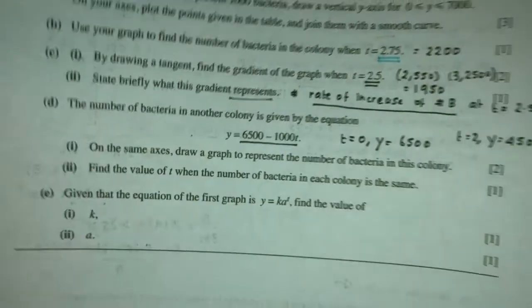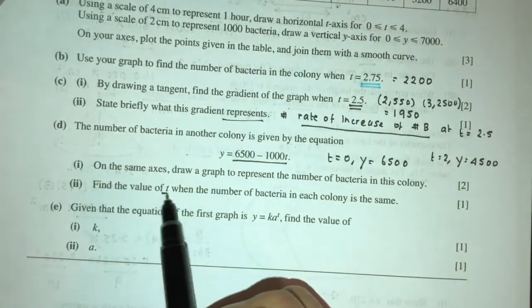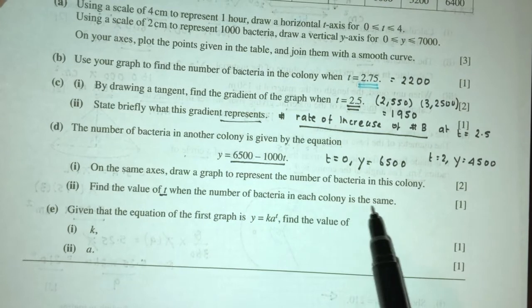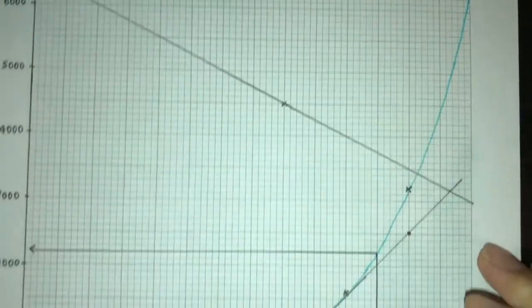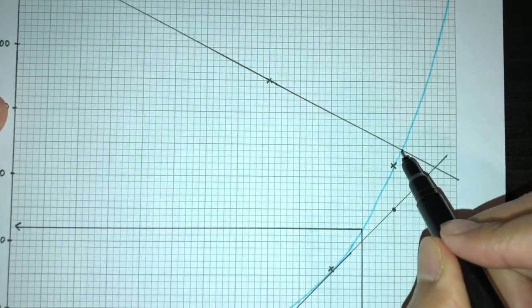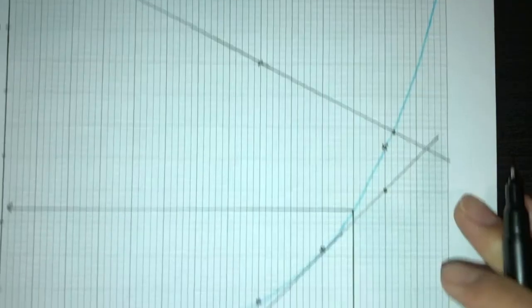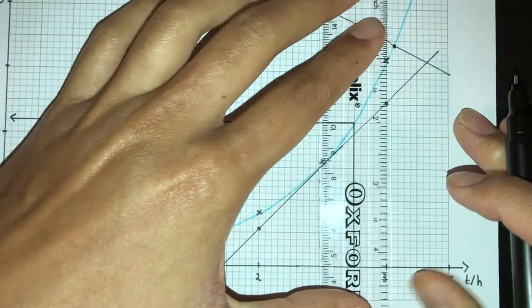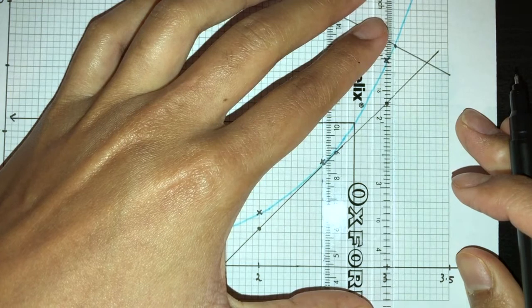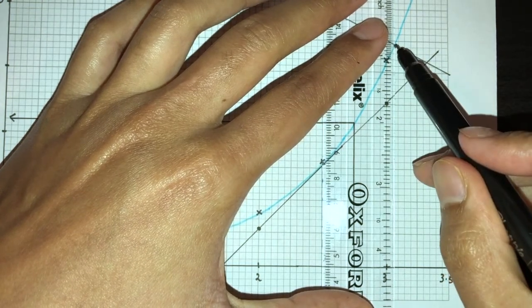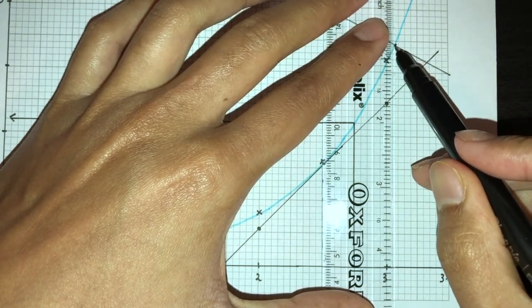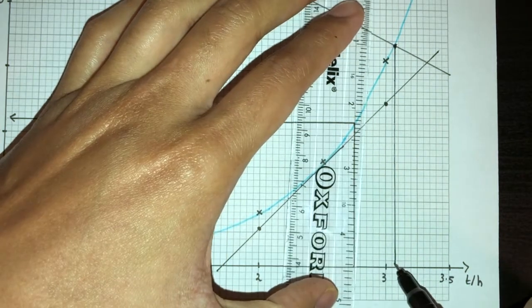Now the question following this is find the value of t when the number of bacteria in each colony is the same. So pretty easy. It is where they meet. They meet here. We have to find the corresponding value of t. So you have to show how you find the value. So what is this value?